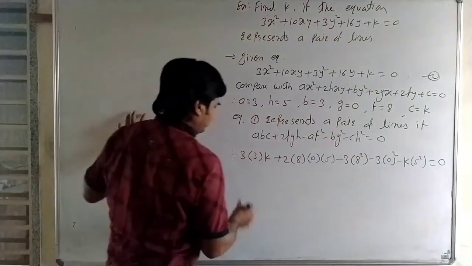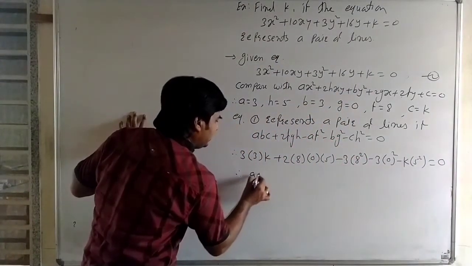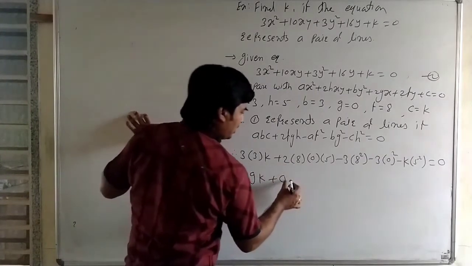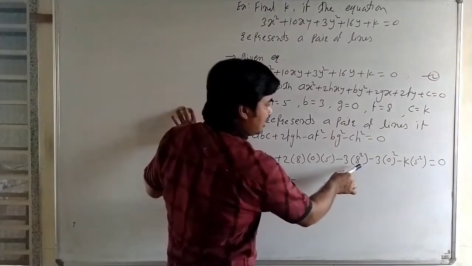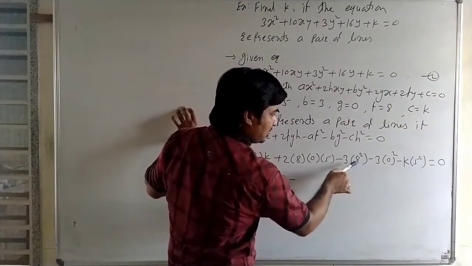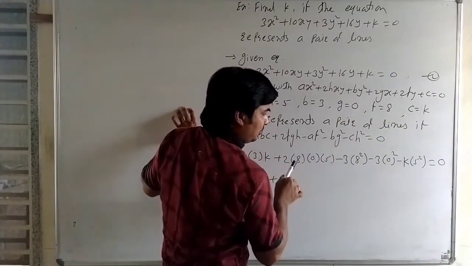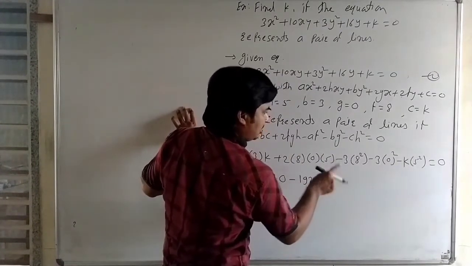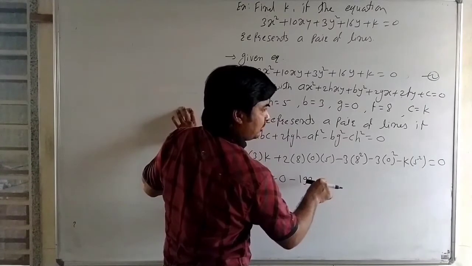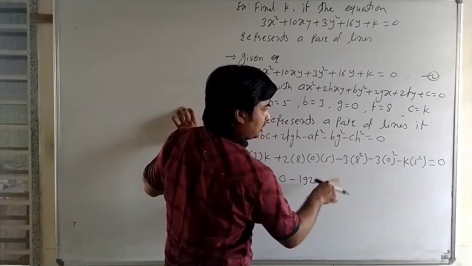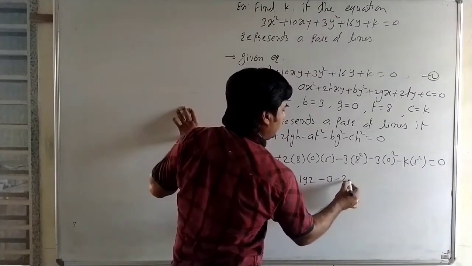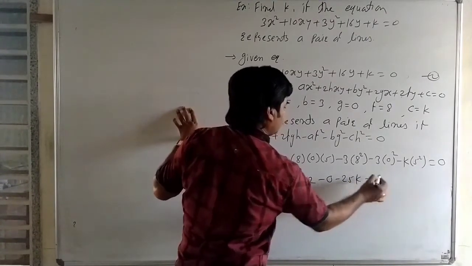Now calculate. It is 9K plus 0 minus here 64 into 3, 64 into 3 it is 192 minus 0 and minus 25k is equal to 0.